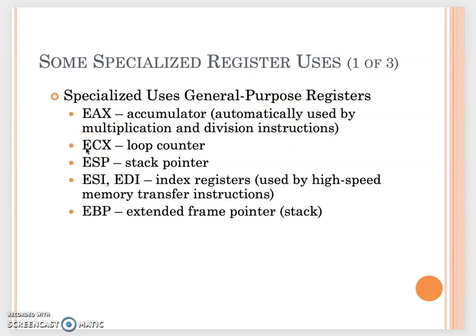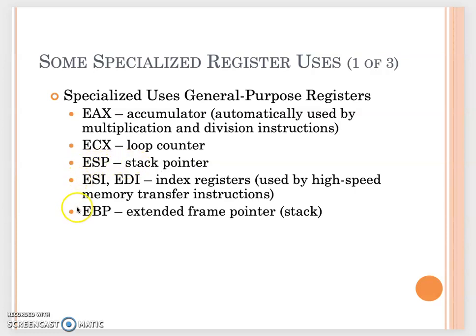In assembly language, we can also write a loop, but the loop has to have a specific counter. That's ECX. Then ESP stands for the stack pointer. The stack here refers to the stack memory. When we access the stack memory from a procedure, we use the stack pointer to refer to it.